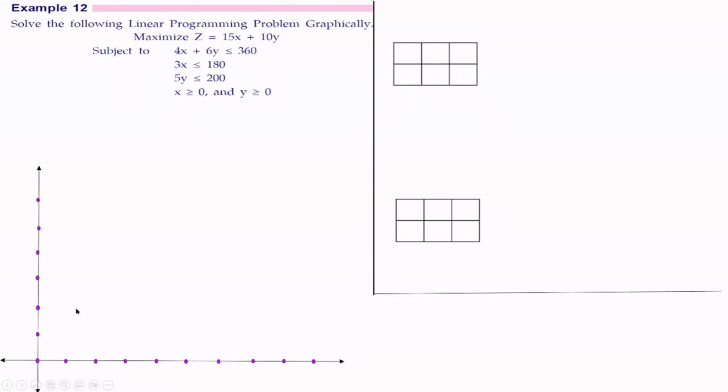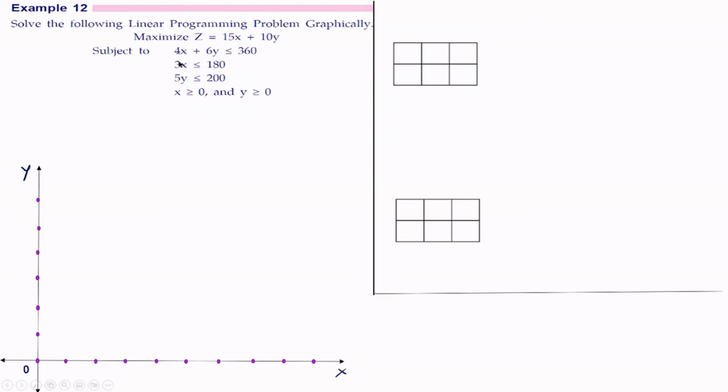So let us take a graph sheet and mark the x-axis and the y-axis. So if we consider the first inequality, it is 4x plus 6y less than or equal to 360.